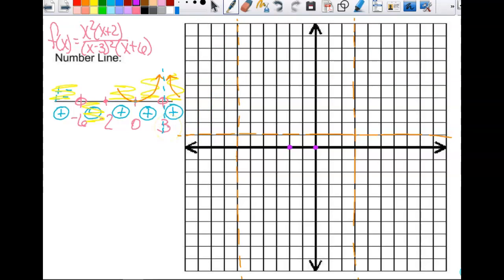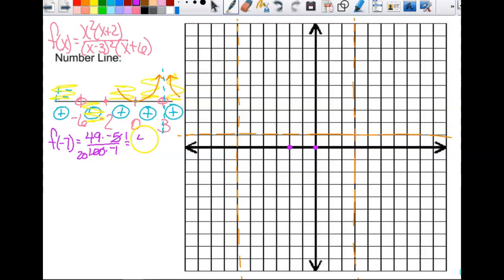So I'm going to have to choose them in this case. This is -6, so I'll choose -7. We find f of -7. That'll give me 49 times -5 over 100 times -1. So if I reduce this before I multiply, that makes that 1, that makes that 20.